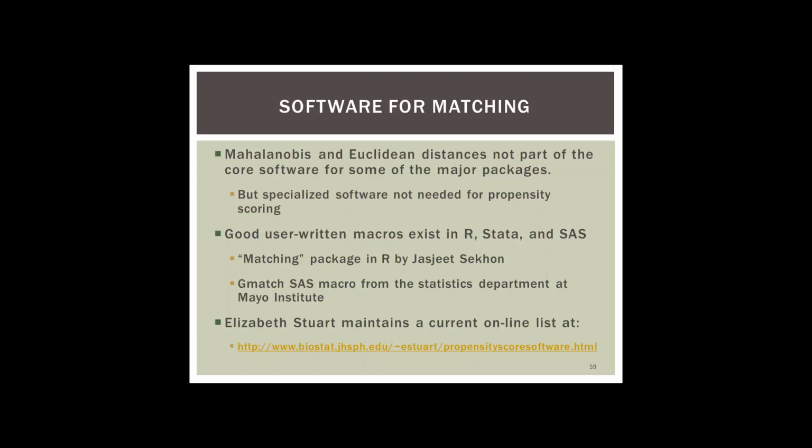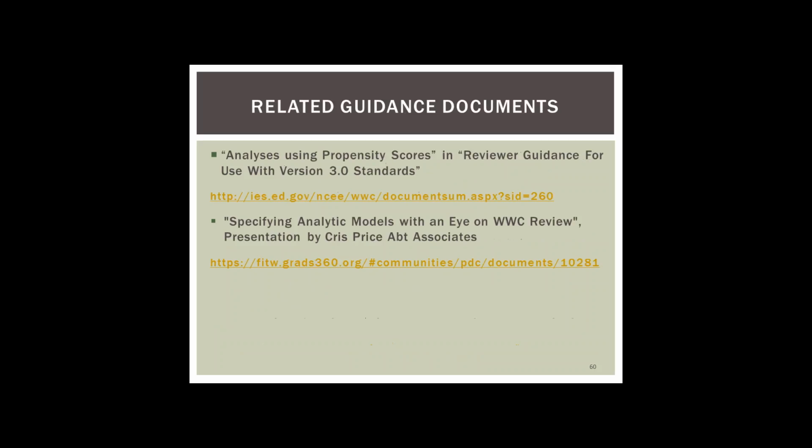An example is the Matching package by Sekhon, and there's a GMATCH SAS macro from the Mayo Clinic. A very helpful link that I always check periodically is the online list maintained by Elizabeth Stuart, at a website that's up on your screen right now, and it's very current. She updates it frequently, so I always look at that list whenever I'm attempting to do this.